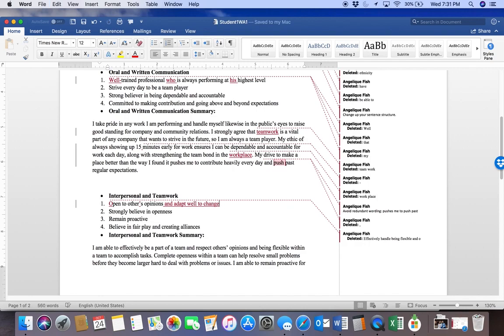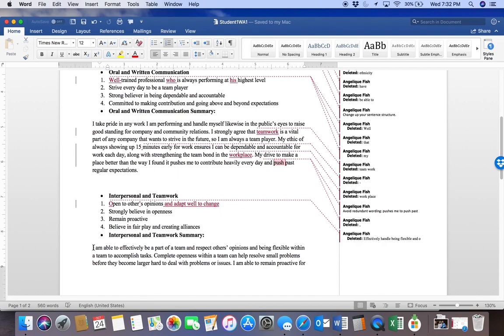Okay, so I'm able to effectively be a part of a team and respect others' opinions, and being flexible. I'm able to being flexible within. So see, that's actually a good case of something that's not parallel. This is kind of a two list thing here, but I am able to effectively be a part of a team and respect others' opinions.